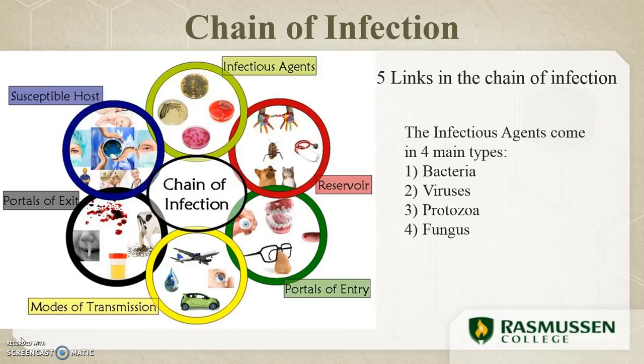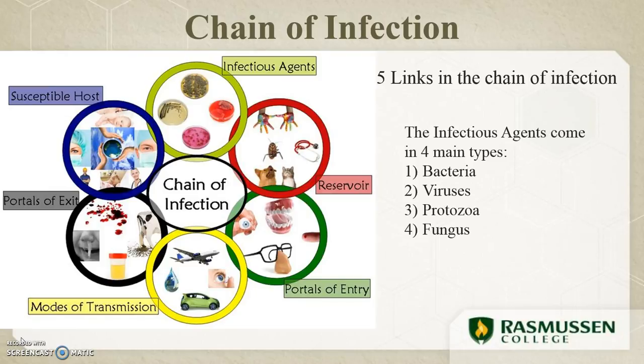So now that you understand how microorganisms spread from one person to another, you need to understand a very important process, and that's called the chain of infection. The chain of infection is 5 links that show how microorganisms really do get spread from people to people.